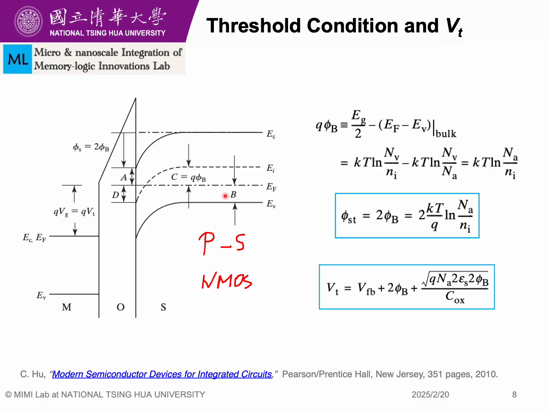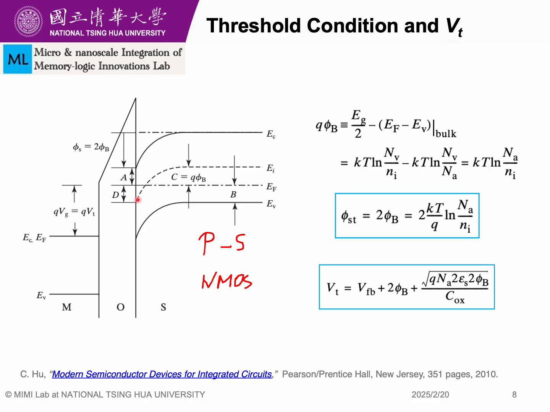So A equal to B. And what does it mean actually? This is the mid gap here, and this level also will bend, and so the difference in the bulk is equal to the difference in the surface, so C equal to D.